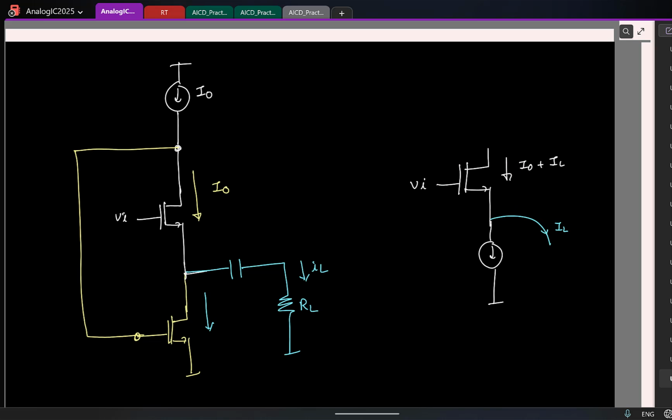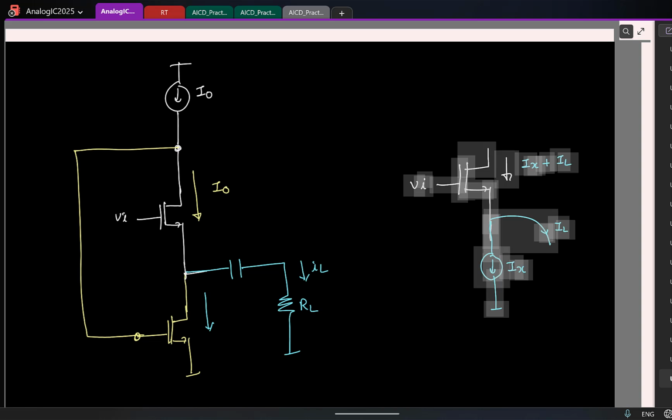I should provide some other path for the load current to flow, and that path, as we saw, has to be at the bottom. So in principle, let us say I put a current source here, some value Ix. Now what is the current through the transistor now? Ix plus IL.